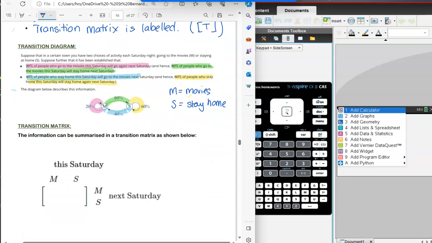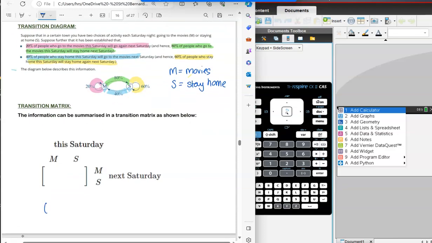Because there are two options, movies and stay home, our transition matrix is going to be a 2 by 2, isn't it? Remember I said they're always square, so this is a 2 by 2 because there are two options.